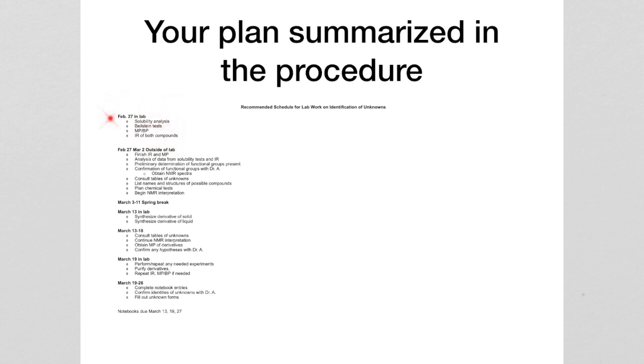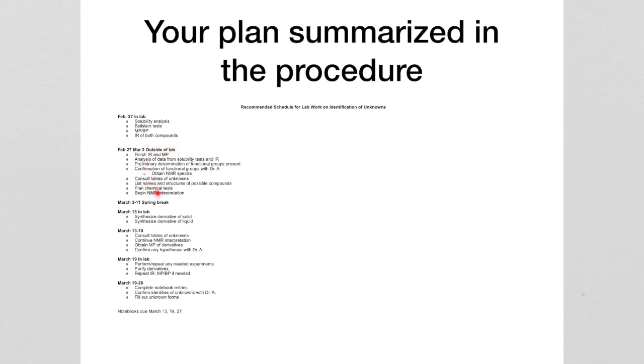So this is your first 3-hour lab, your second 3-hour lab, and your third 3-hour lab, what you need to be doing. And if you follow this layout, March 19th, you may not need to be in lab at all. If you've actually done fairly solid work up to March 19th, you may be repeating experiments or repeating IRs, or you might have to purify a derivative, but you should have not much left to do on March 19th.